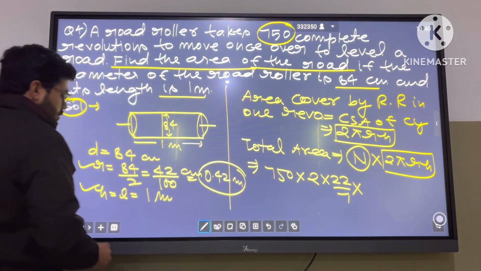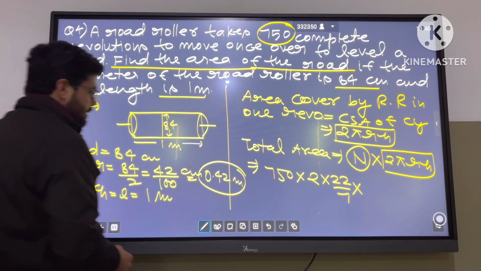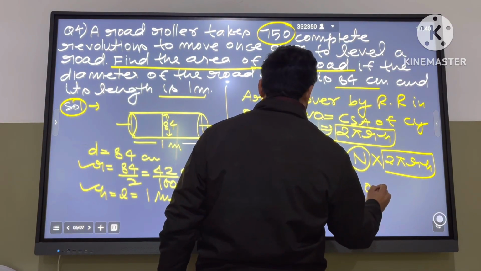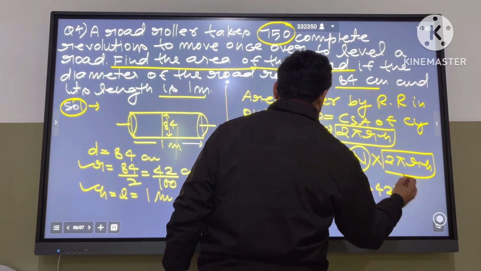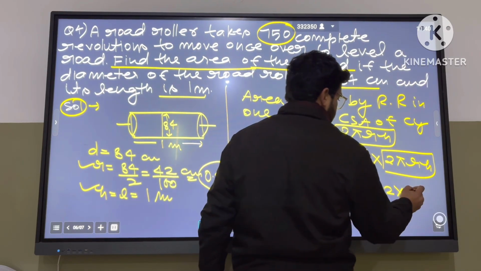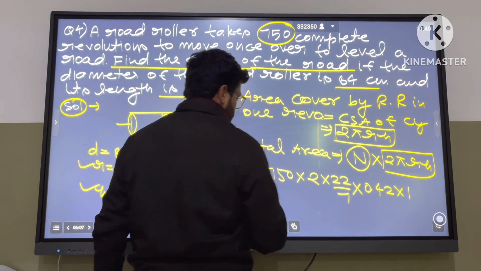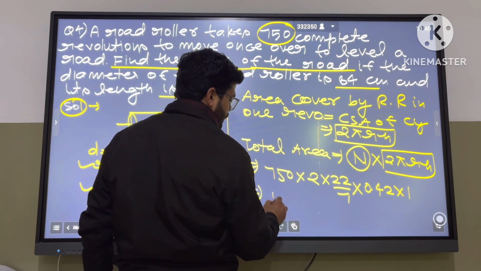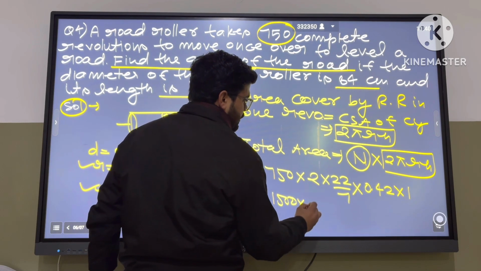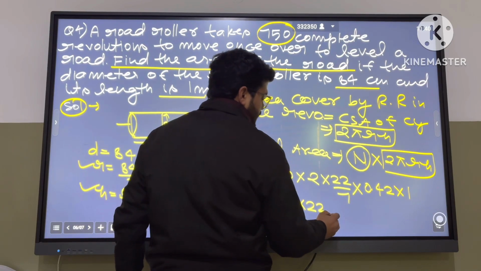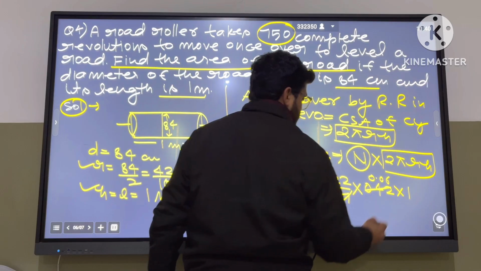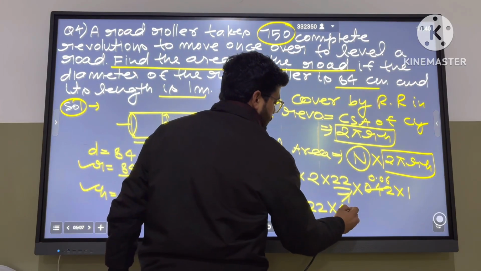Okay. So putting the value of radius and height. Radius is 0.4 meter and height is 1 meter. So 750 into 2, 1500 into 22 by 7, and 7 into 0.06, 0.06.